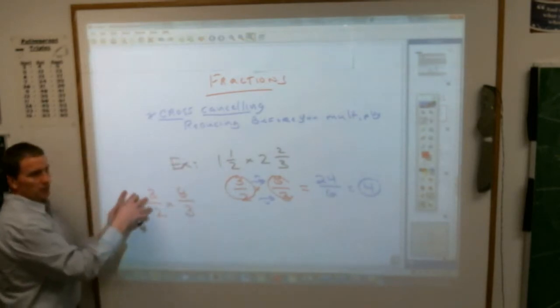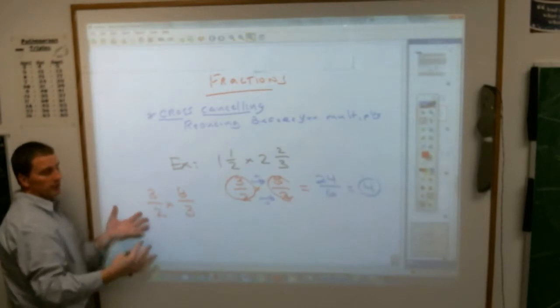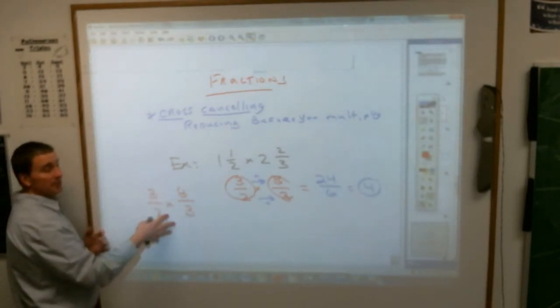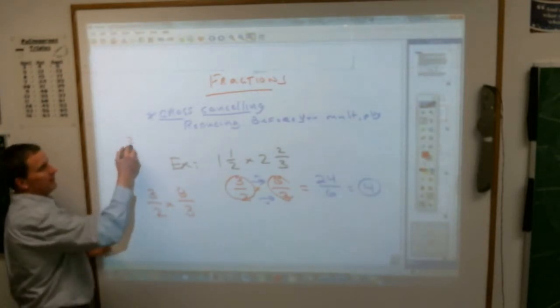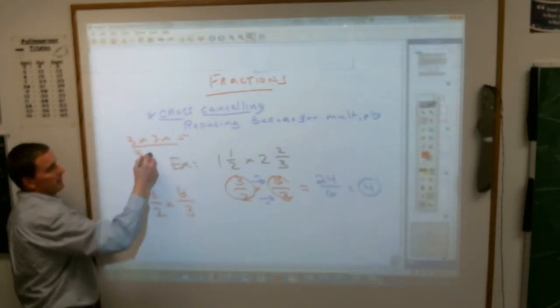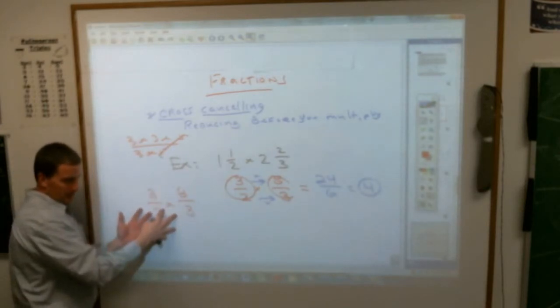You can actually reduce before you multiply. What you're looking for is common factors that the top ones have with the bottom ones. Remember that whole thing where we had 3 times 3 times 5 over 3 times 5, and you could cross off that sort of stuff? This is the same thing.